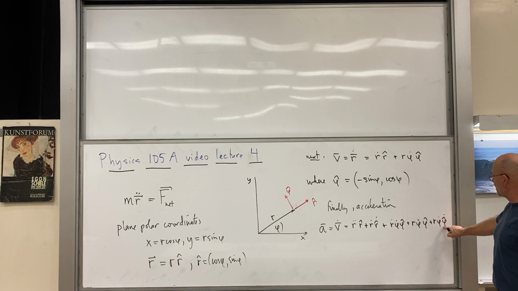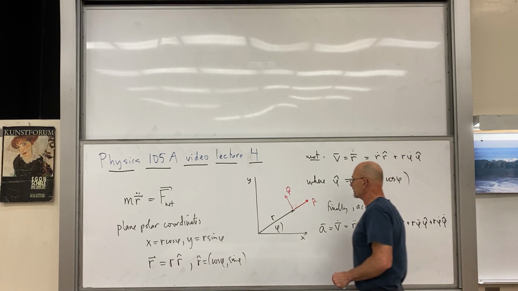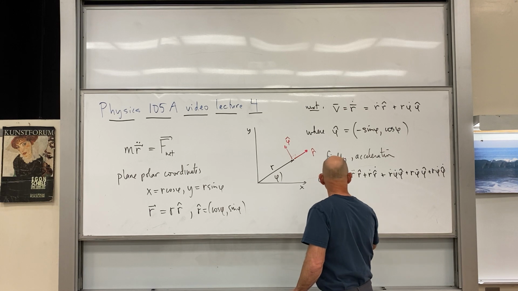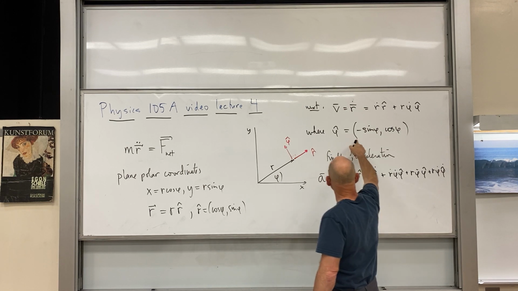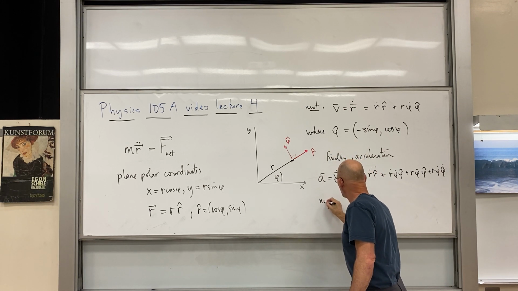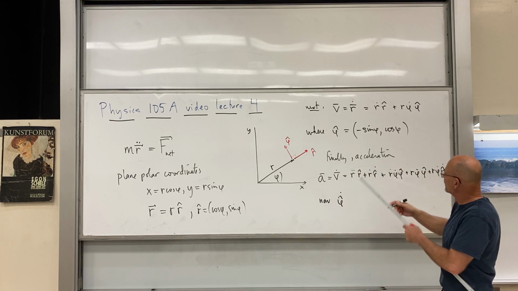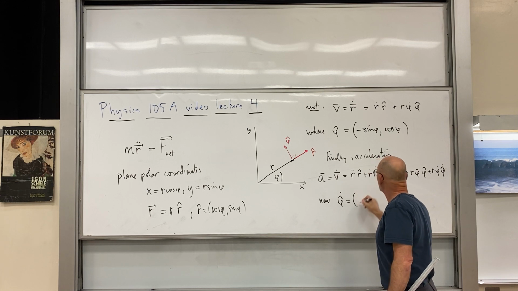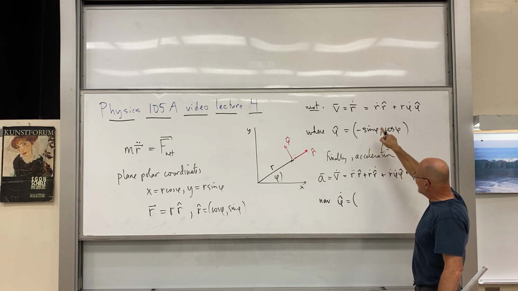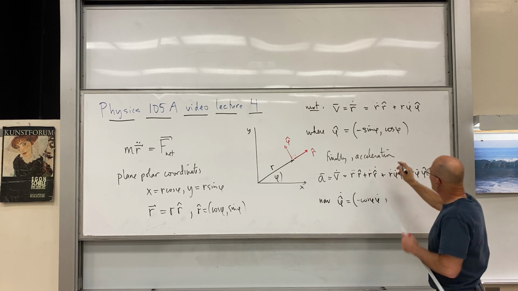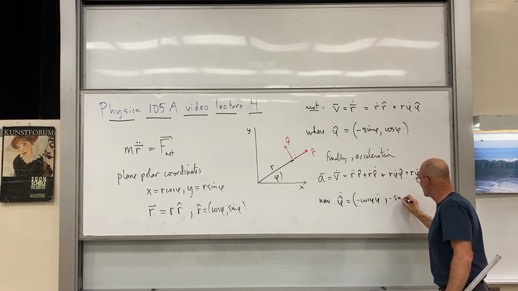Now we have one unknown quantity here: phi hat dot. So we have to take its derivative. Since we have phi hat right here, its time derivative is just going to be minus cos phi dot, and here it's going to be minus sine phi dot.